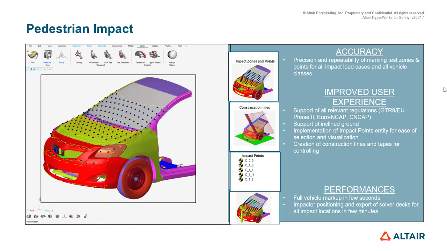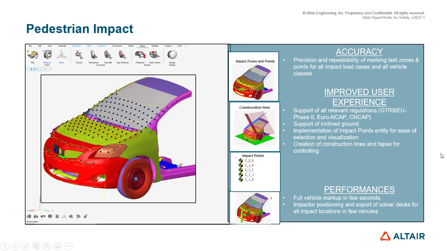It supports all the relevant regulations such as GTR 9, European Phase 2, Euro NCAP, and Chinese NCAP, etc. It also supports inclined ground. And to control the impact points, it creates the construction lines and the tapes.